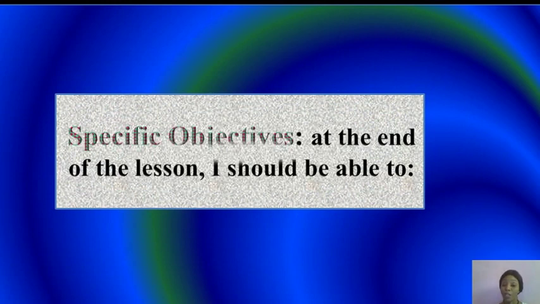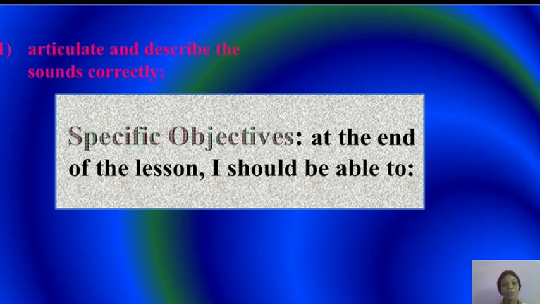Okay, so let's go over to our specific objectives, the things that you should be able to achieve, that you should be able to hold on to at the end of this class. Number 1 specific objective says that you should be able to articulate the sounds correctly.